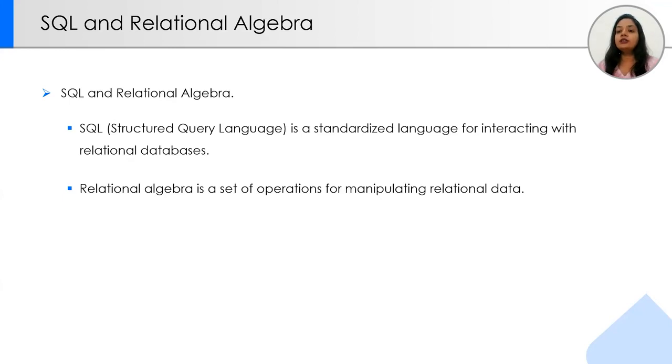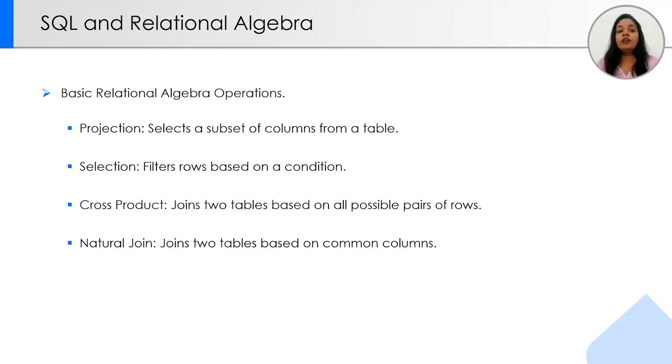In that way, it is the condition that is put forward through a query, and then the actual result is extracted and we get the desired result using SQL and relational algebra. So relational algebra is a set of operations for manipulating the relational data.